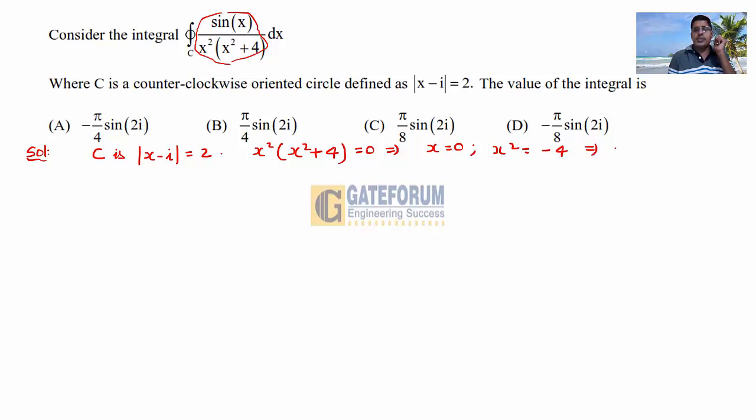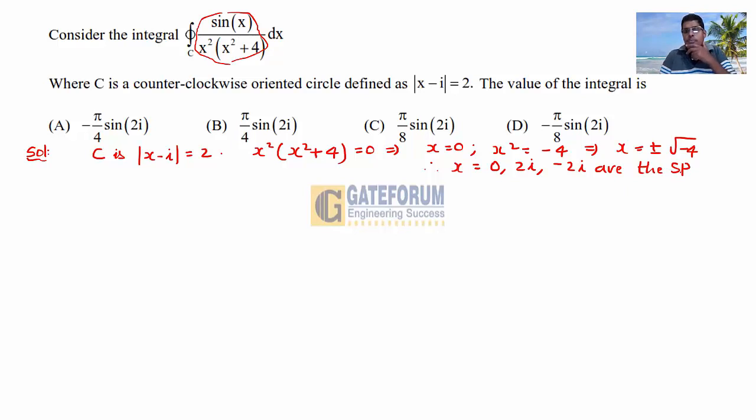This simplifies to x is equal to plus or minus root of minus 4, so root minus 1 is i, root 4 is 2. So finally you will be getting the singular points 0, 2i, minus 2i, the SP, that is singular points, short form SP.